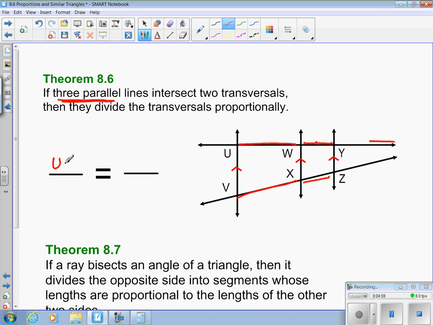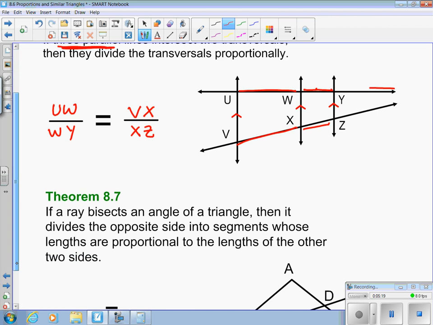So we can say U to W, that segment, to WY, is going to have to equal VX to XZ. The ratio of this segment to this segment equals the ratio of that segment to that one.